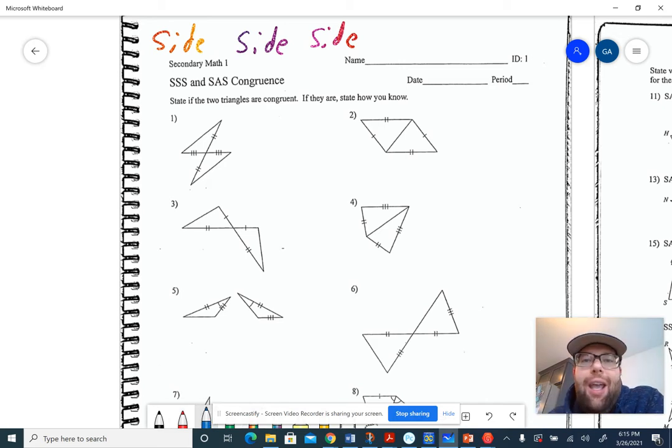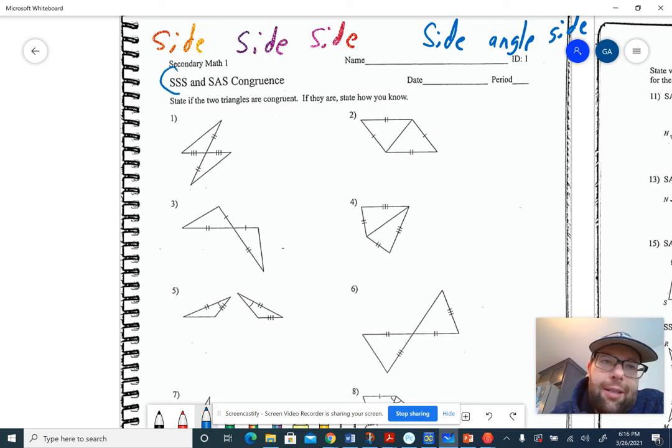Okay. And the other theorem that we're going to talk about is side, angle, side. Okay, so those are the two theorems, and we usually just refer to them as SSS and SAS. Side, side, side, or side, angle, side.